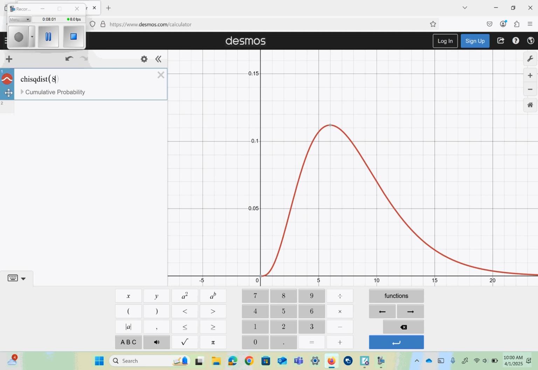So they said if you take these 15 values, all the chi-squareds add up to 4.662 with 8 degrees of freedom. So remember, on these, unless they tell you the opposite, you're always going to do it to the right. So we're going to do chi-squared of 4.662 to the right to infinity.